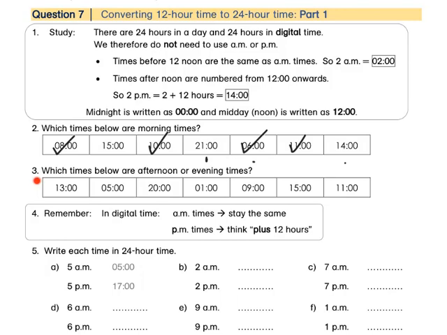For 3, which times below are afternoon or evening times? Afternoon or evening times represent the second half of the day. So these are times that are 12 or more.